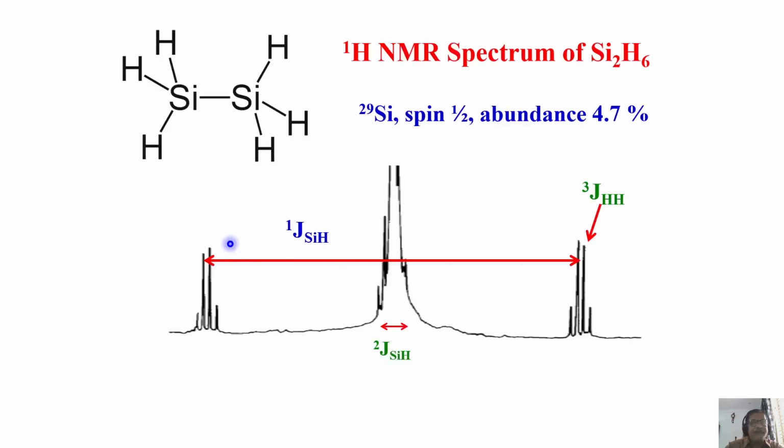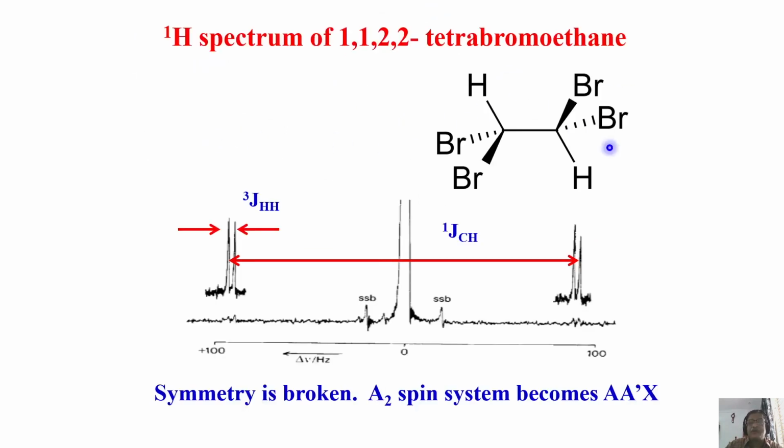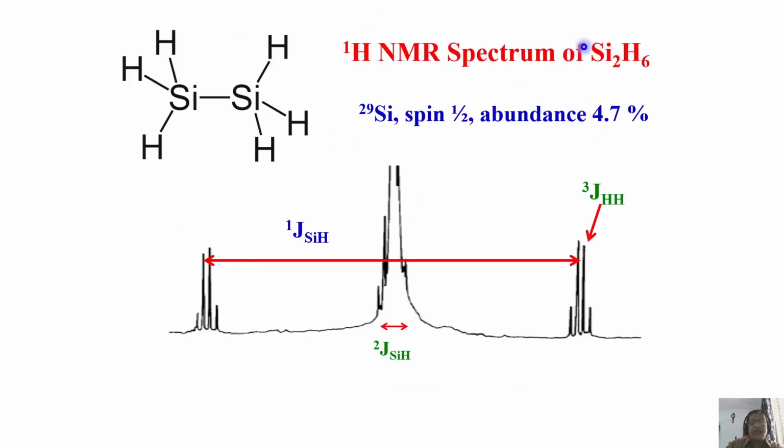This is another example. Same. Now, instead of the previous molecule with bromine substituted, tetrabromoethane, now it is Si2H6, this molecule. Here, no carbon. But what can we see? We can see SiH couplings and also HH couplings. Look at this one now.